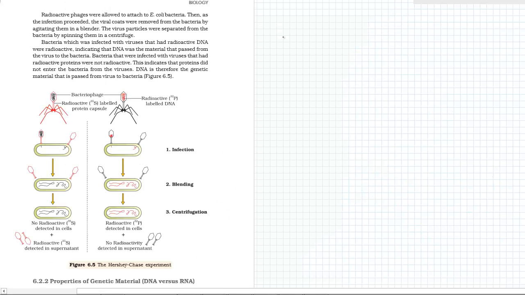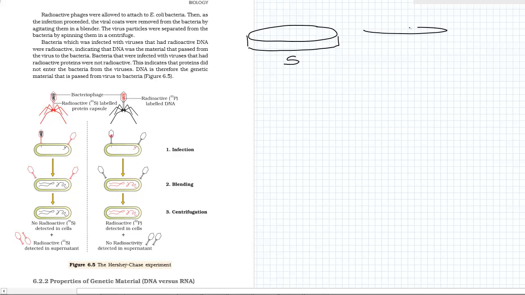So we have already discussed that we had two plates. So this is plate number 1. Here we had a radioactive sulfur, and this is plate number 2, in which we had a radioactive phosphorus. The bacteriophage that is going to come from this plate will have this outer covering.